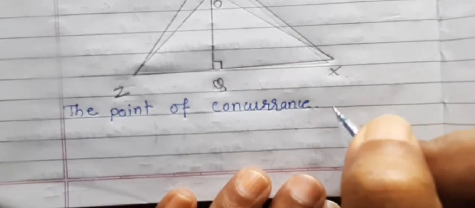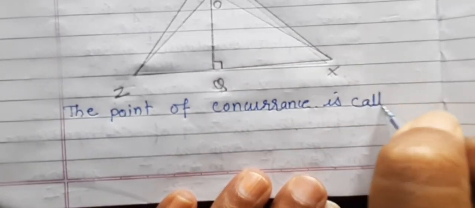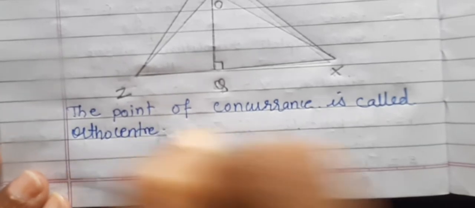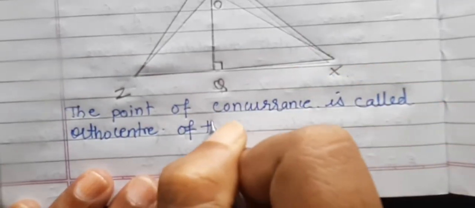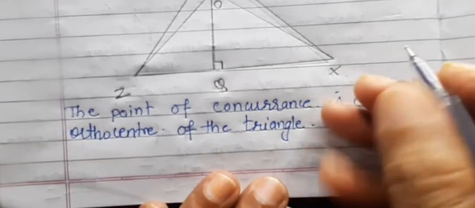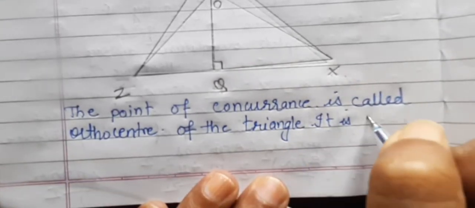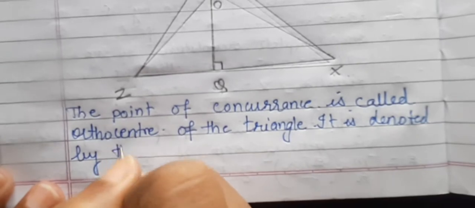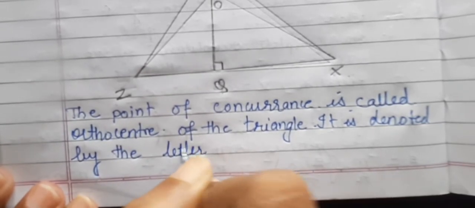The point of concurrence is called the orthocenter of the triangle. It is denoted by the letter O.